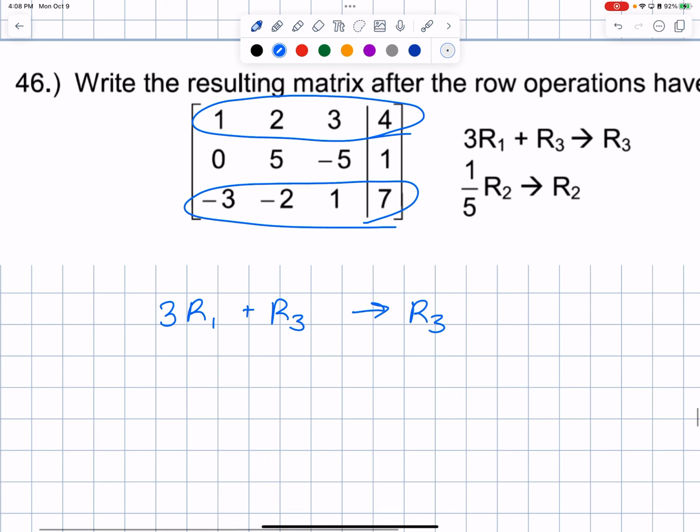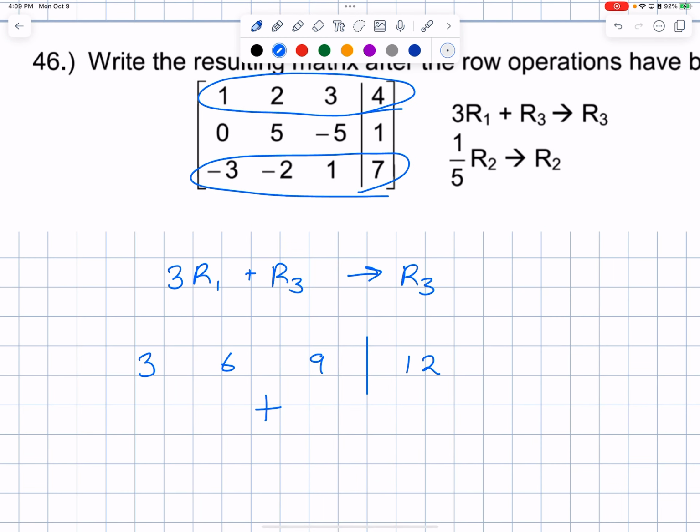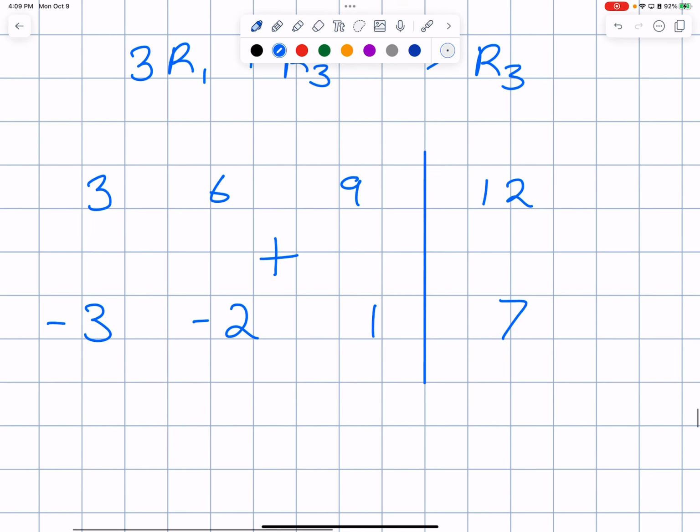So 3 times R1 will be 3, 6, 9, line 12. Do y'all see how that's the same as row 1, just multiplied by 3? Then we're going to add it plus row 3. That's plus negative 3, negative 2, 1, and 7 with the line extended. So let's add these numbers together.